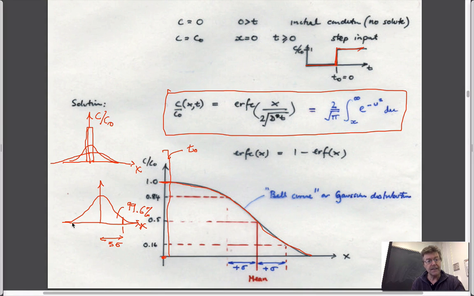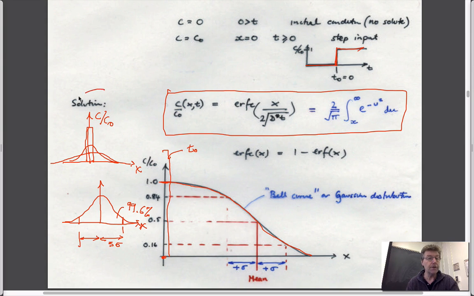So in other words, if 99.6% of the mass exists within the limits of this boundary here, I won't color it in, then that is defined by 3 standard deviations. So this is no different from a bell curve that describes this behavior. It's just the spreading behavior. And so it's a standard result that we can use to look at what this plume would look like as you allow it to spread.